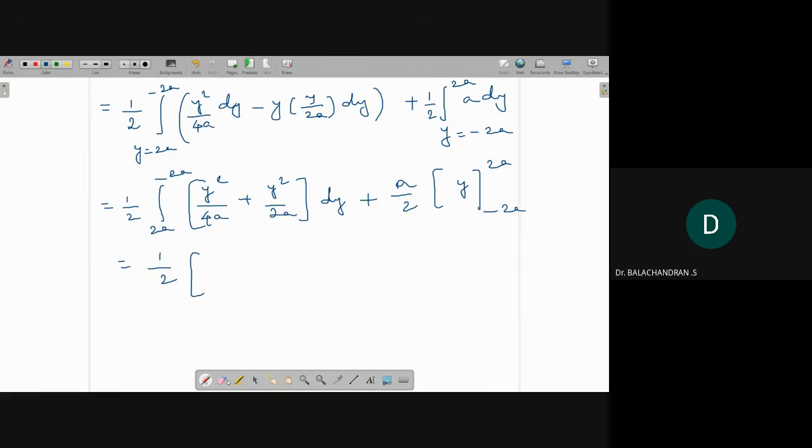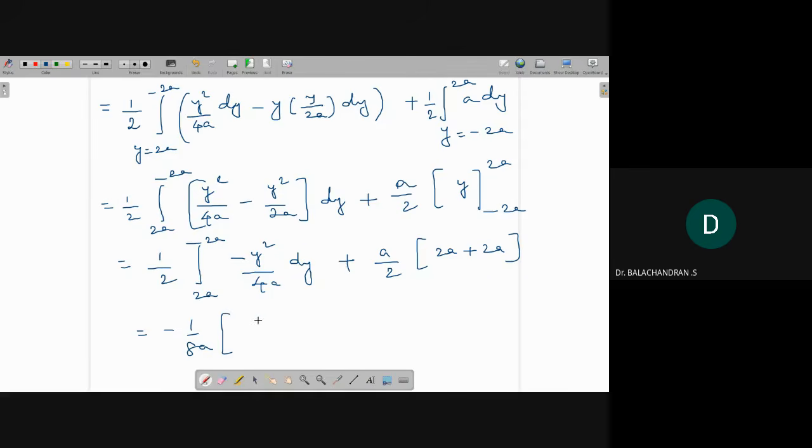This is actually minus. This is minus y square by 2a. So integral 2a to minus 2a, this is minus y square by 4a into dy. So plus a by 2. Upper limit is 2a, minus of minus 2a is plus 2a. So we get minus 1 by 8a.